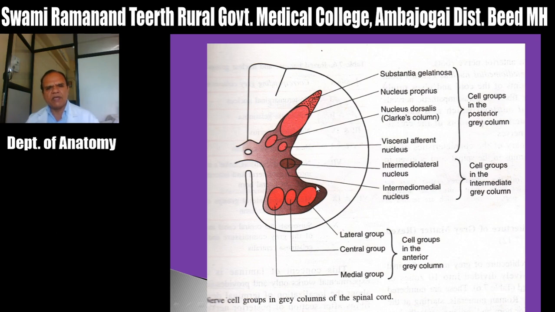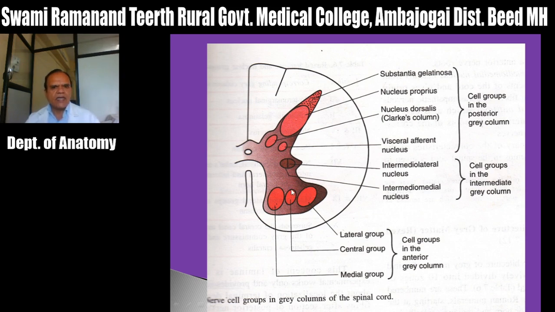Specifically, the anterolateral supplies the arm, posterolateral supplies the forearm, and retroposterolateral supplies the hand. Similarly, in the lumbar region, anterolateral supplies the thigh, posterolateral supplies the leg, and retroposterolateral supplies the foot muscles.